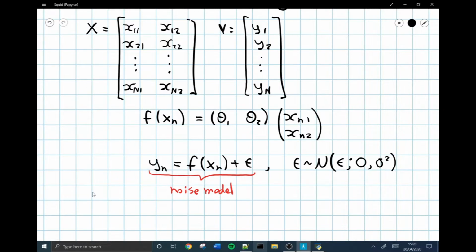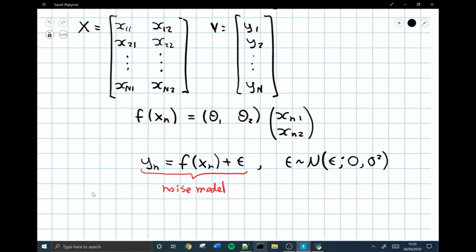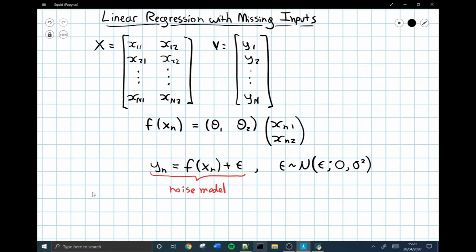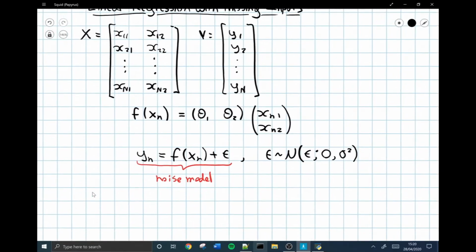Once you've been through this tutorial, it's easy to take this method and generalize it more. So let's just say that we only have a single missing component, so only xm has a missing component.